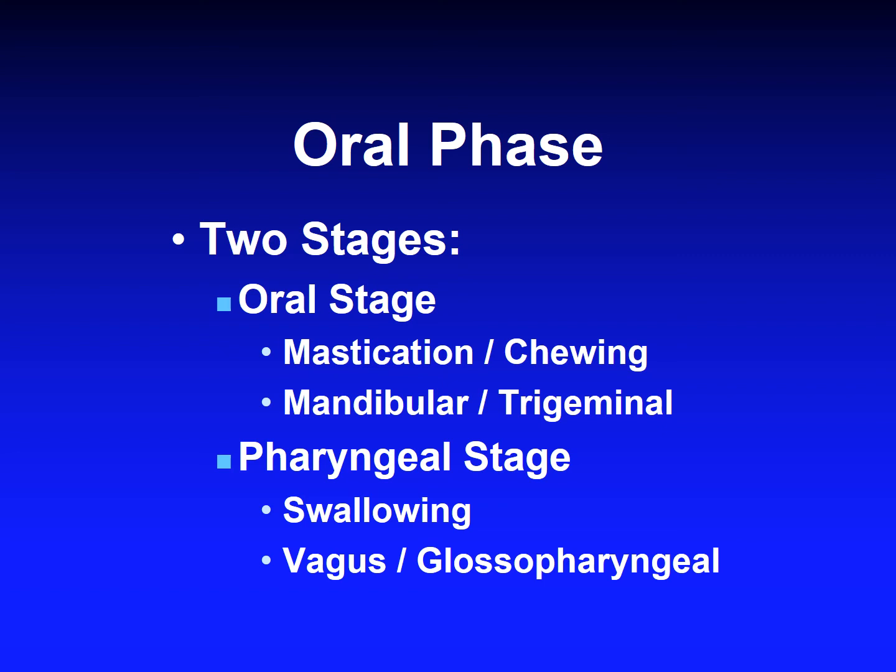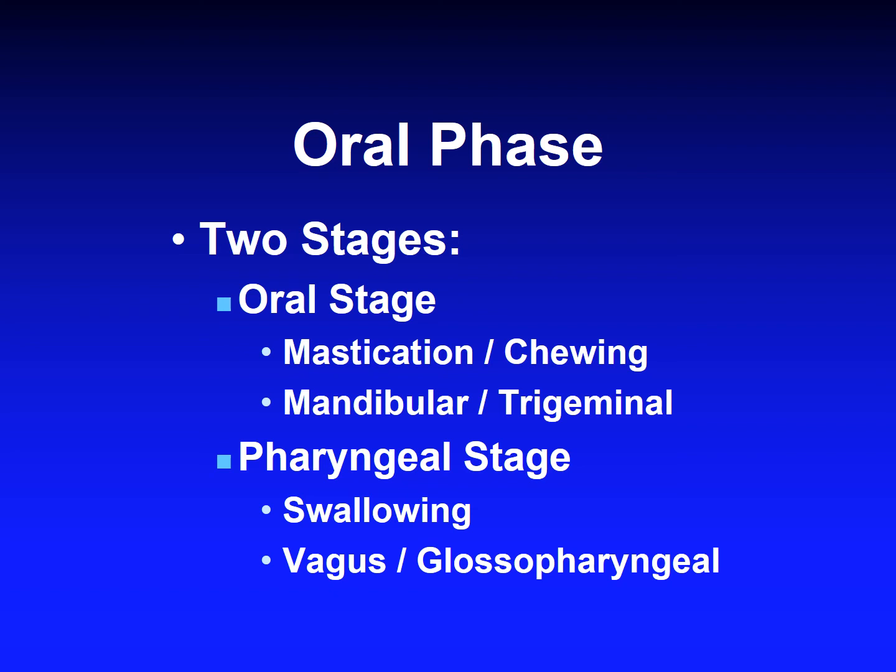The pharyngeal stage is concerned with swallowing the ingested material, and it is controlled by the vagus and the glossopharyngeal nerves. So the oral phase is divided into two stages.